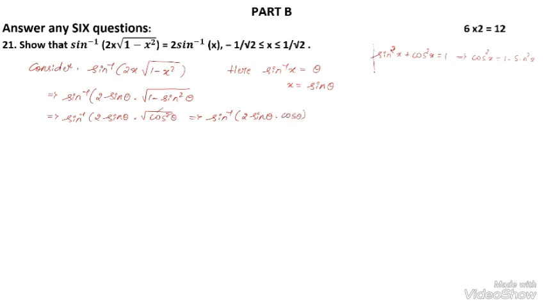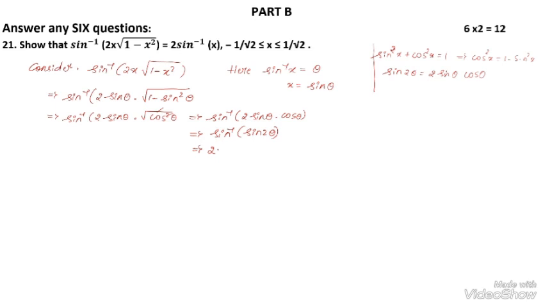Already we know the formula, that is sin 2 theta is equal to 2 sin theta cos theta. I can apply here, that is sine inverse of sin 2 theta. We know the property of the trigonometric function.